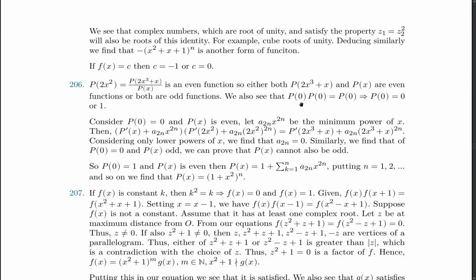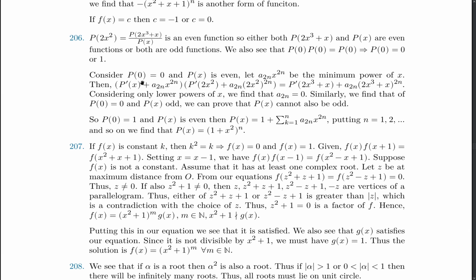We also see that p(0) times p(0) is equal to p(0). So once we have that, we establish that p(0) is equal to either 0 or 1. Now if p(0) is equal to 0 and p(x) is even, let a_2n x^2n be the minimum power of x.